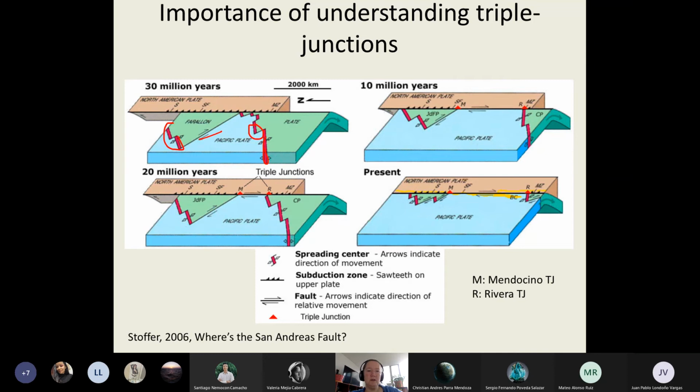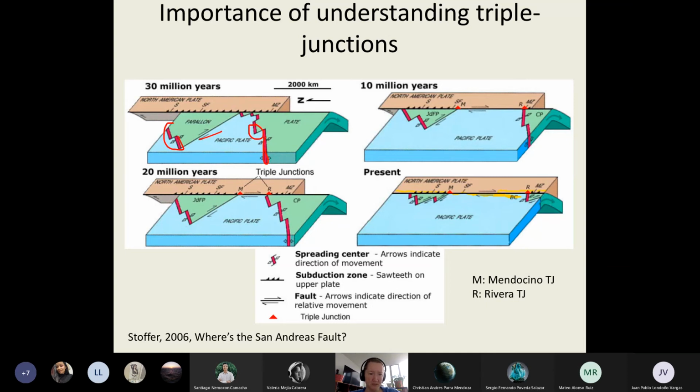What happens? The minute my ridge touches, I'm coming in at an oblique angle, which is maybe also, Santiago, what you meant. Instead of having an encounter like this, I could have an oblique encounter in the subduction zone. I maybe don't subduct perpendicular, I subduct angled. A funny thing happens.